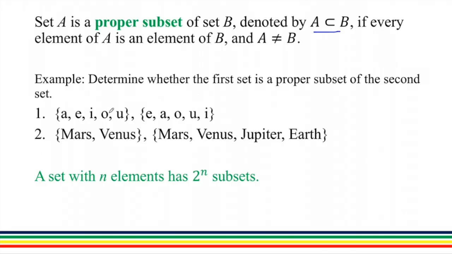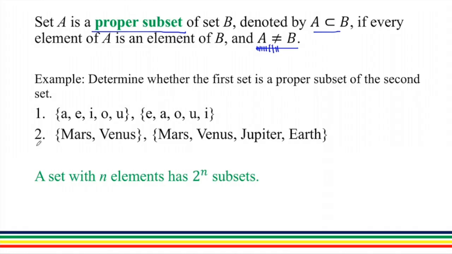All of the elements of the first set are in the second set, but are they equal? The first set is actually equal to the second set. Therefore, this is not a proper subset. This is the criteria that must be met for us to consider a proper subset. So the first set is not a proper subset of the second set.